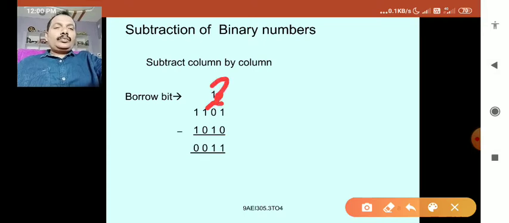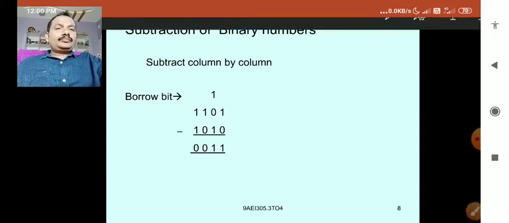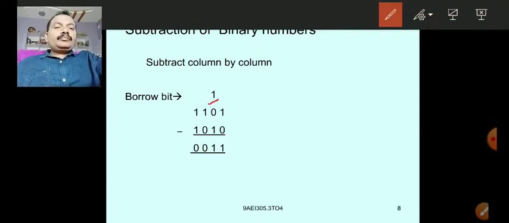Borrow 2. 2 minus 1 is 1. And here 0. So 0 minus 0 is 0. 1 minus 1 is 0.